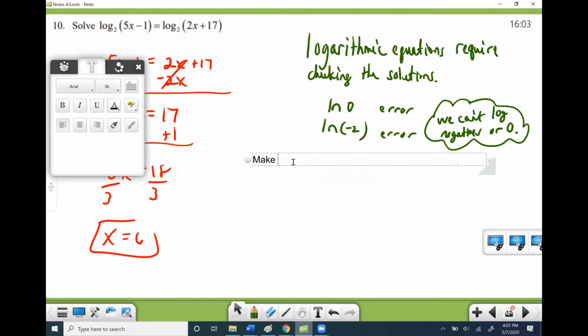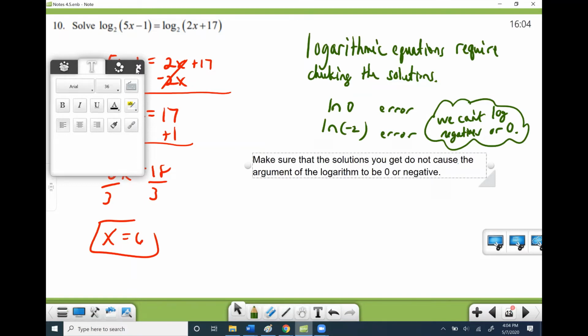There we go. Make sure that the solutions you get do not cause the argument of the logarithm to be 0 or negative.